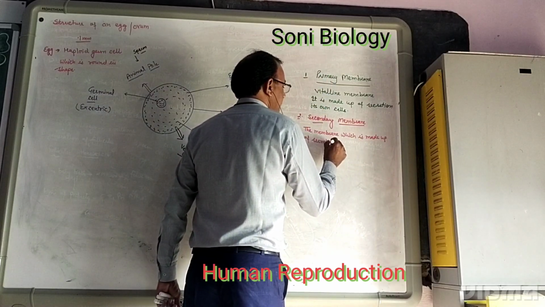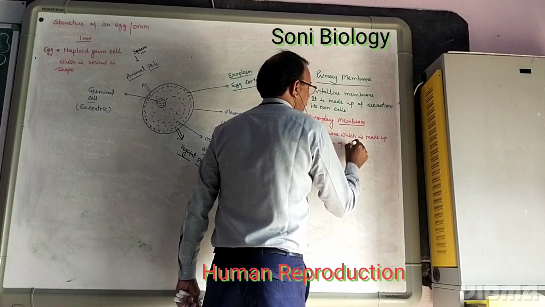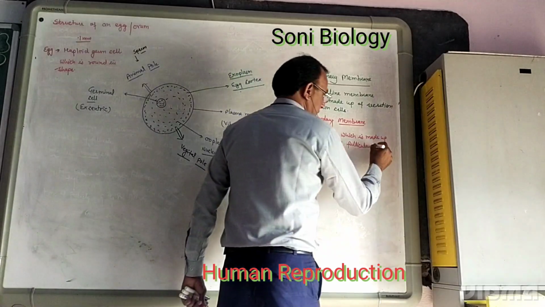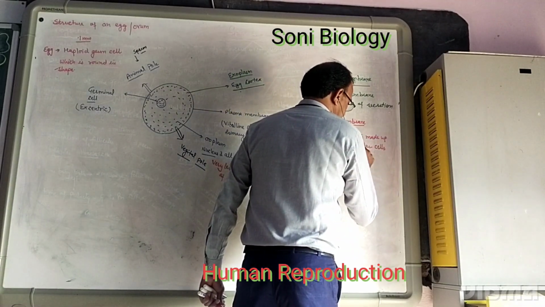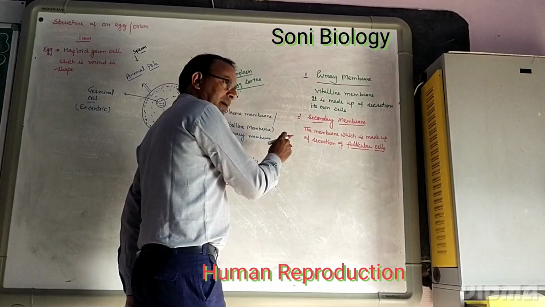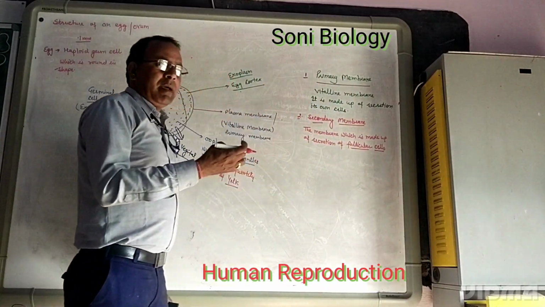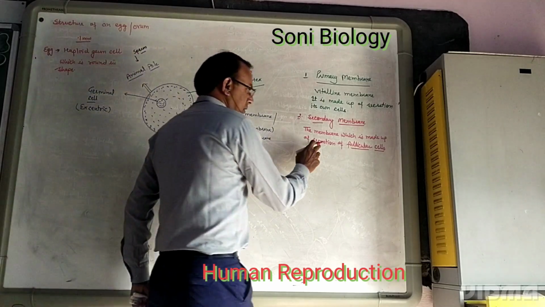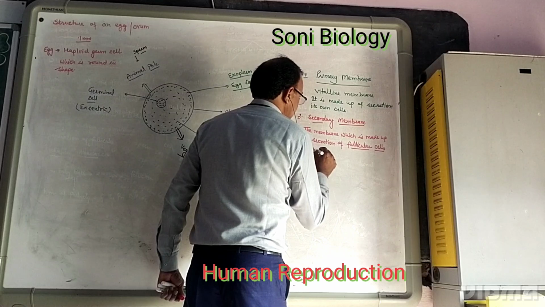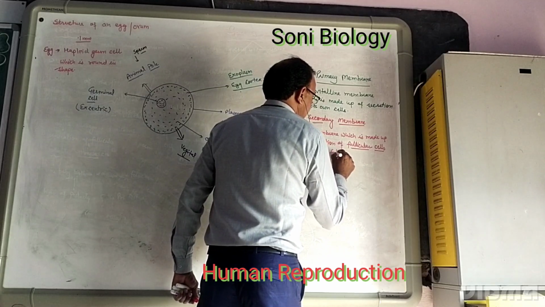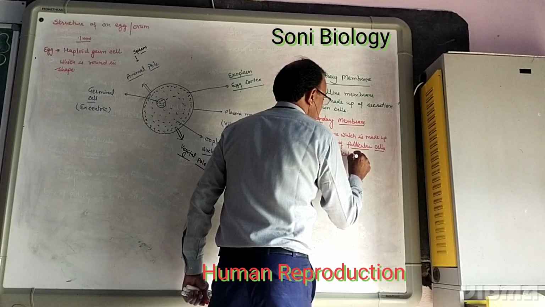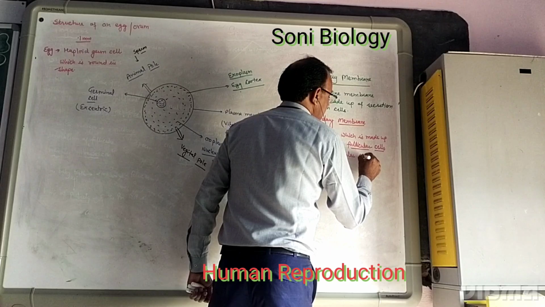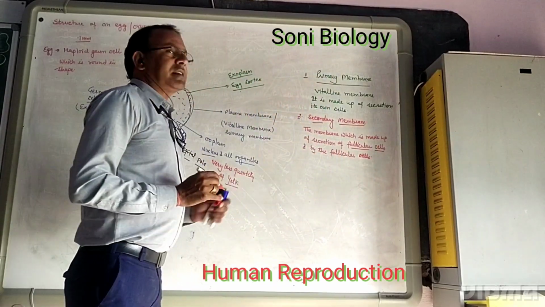It means the substance secreted by the follicular cell also produces a membrane. That is called the secondary membrane.